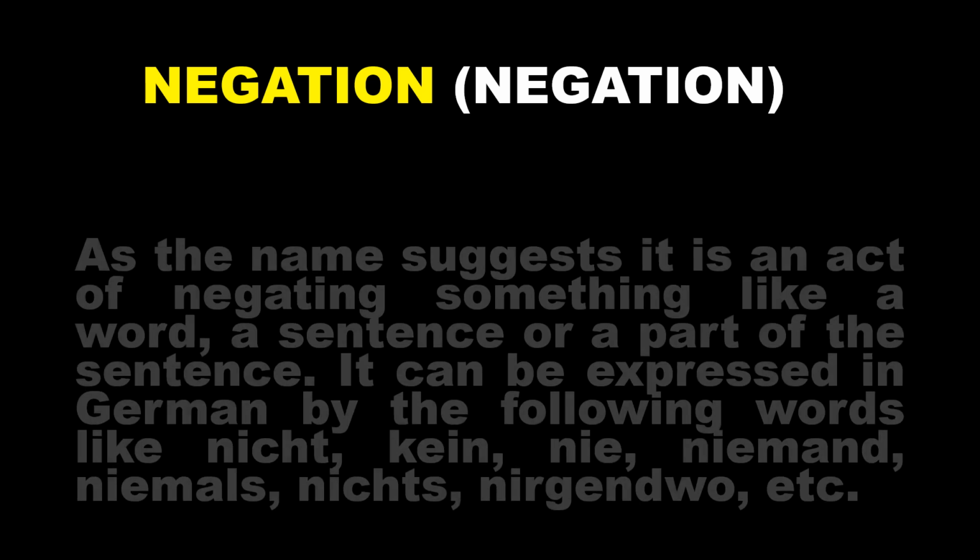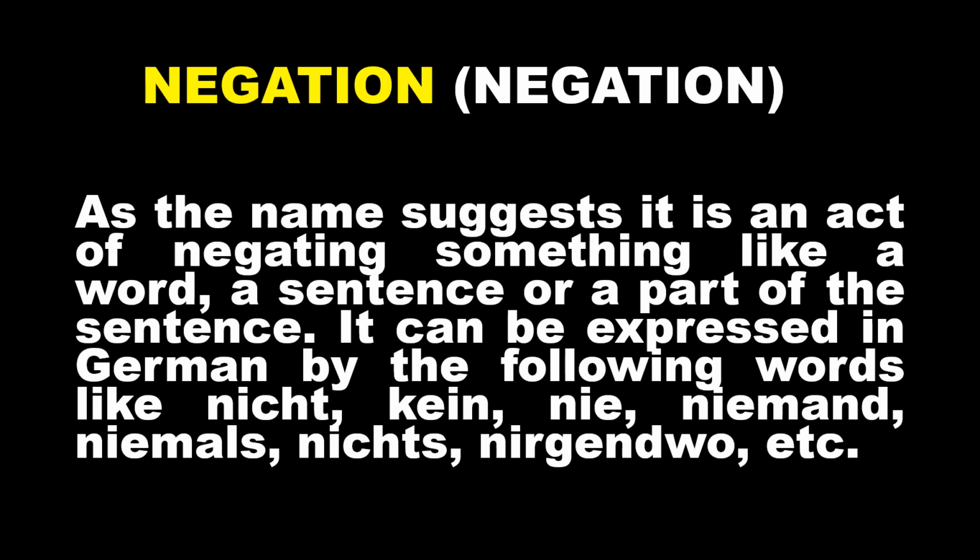Before going further, let's first understand what negation is. In German, we call it negation. In very simple words, I have explained it here. As the name suggests, it's an act of negating something like a word, a sentence, or a part of the sentence, like an element.